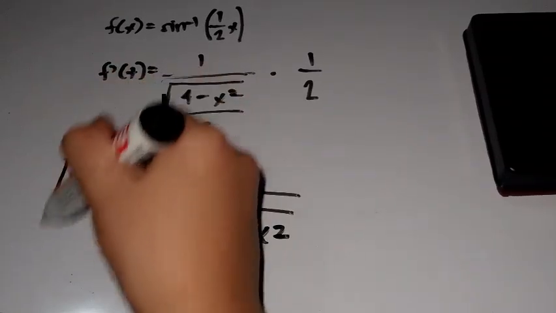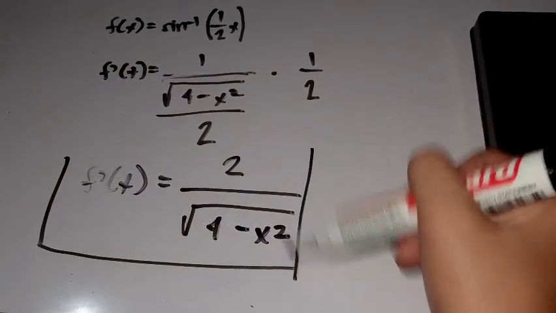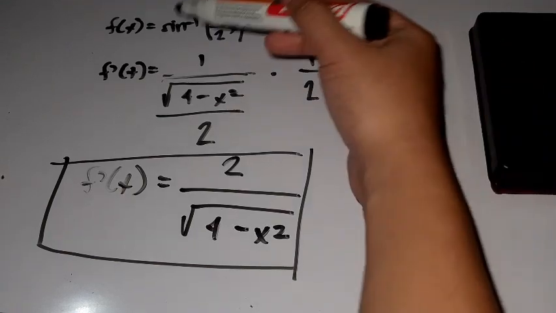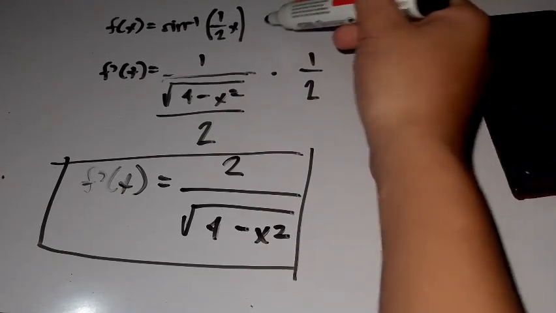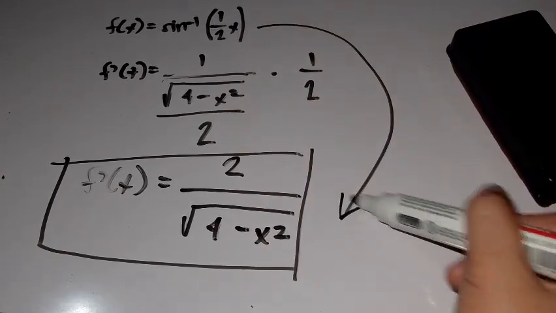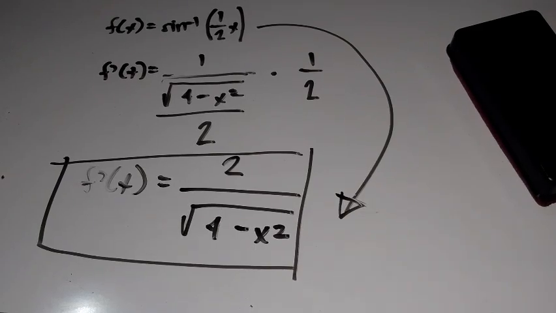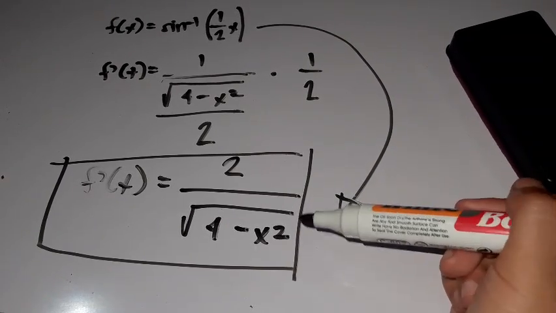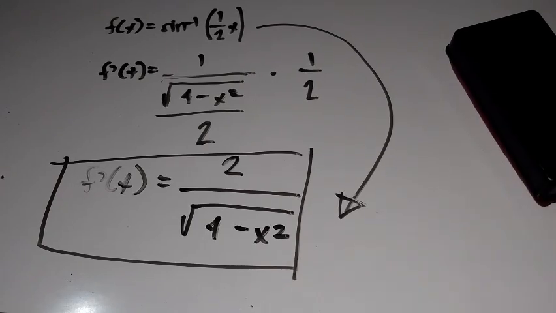So this is now the derivative of f of x equals arc sine of 1/2 x: f prime of x is 2 over square root of 4 minus x squared.